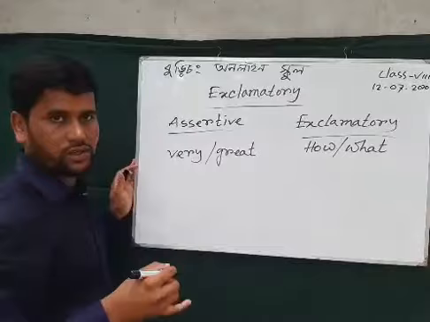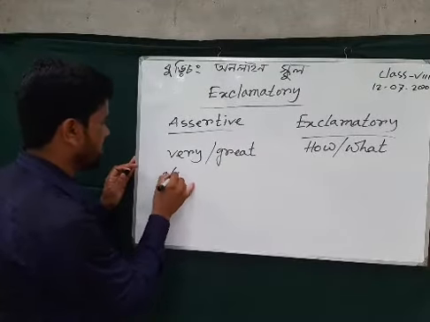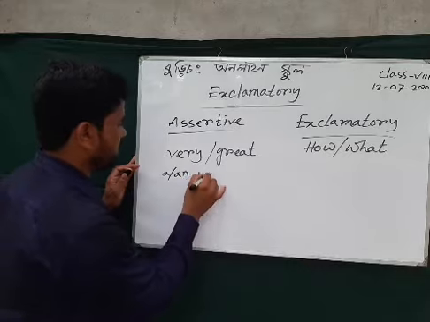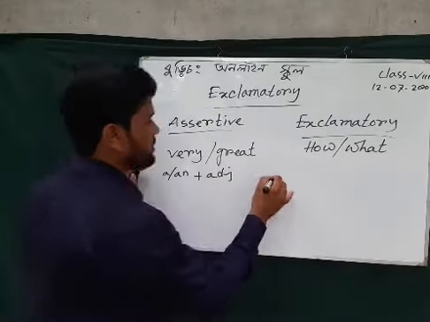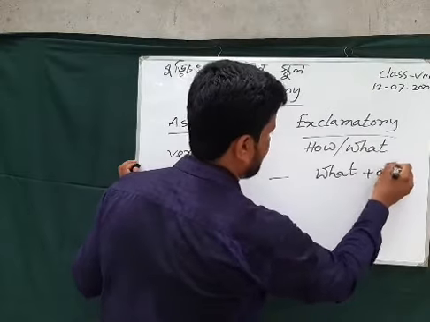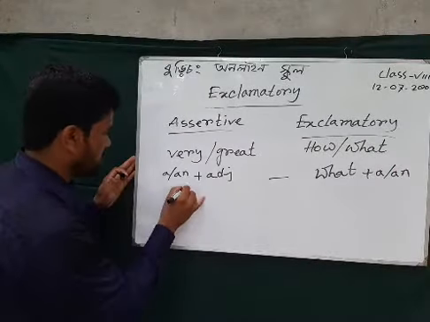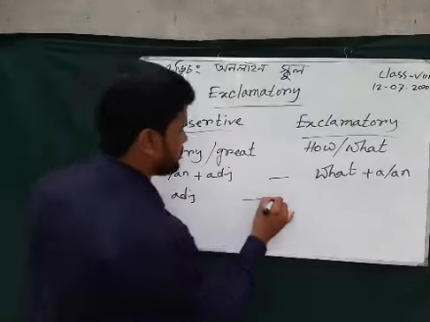To make it a bit simpler, if we get a or an plus adjective, then we use what plus a or an. And if we get only an adjective without a or an, we use how.